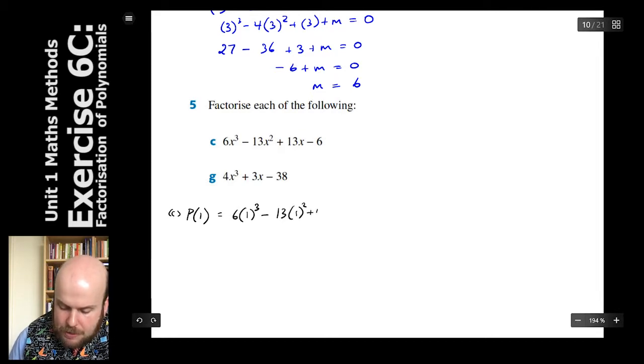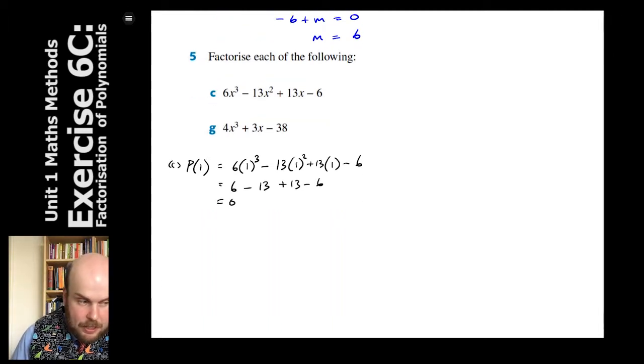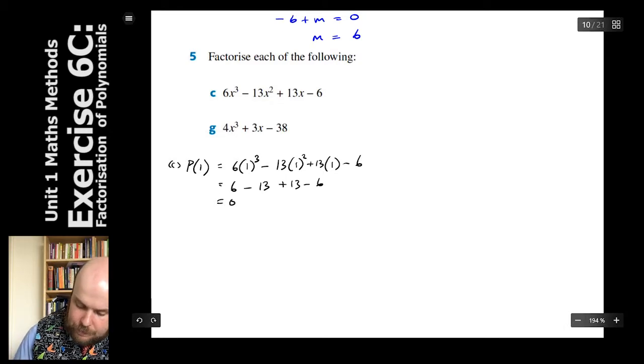Because if I was to do that, I get 6 minus 13 plus 13 minus 6. That's definitely equal to 0. So we can factorize this accordingly. So we'll do our long division.